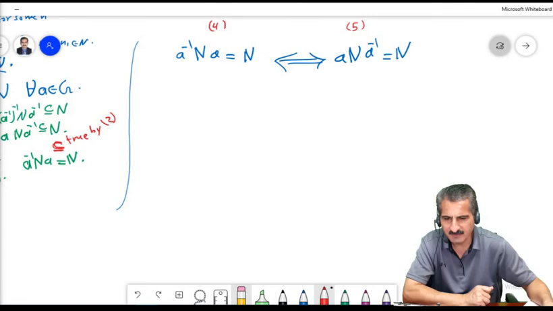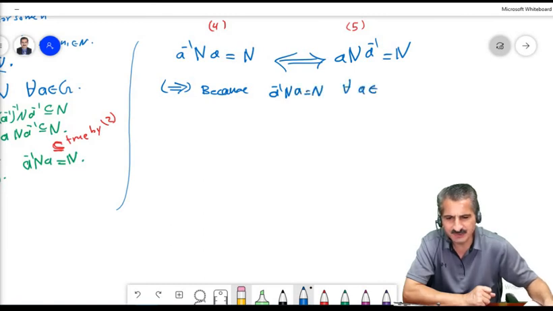Now this shall be direct, showing this because A inverse n A equals n for every element in G, then replace A by A inverse.